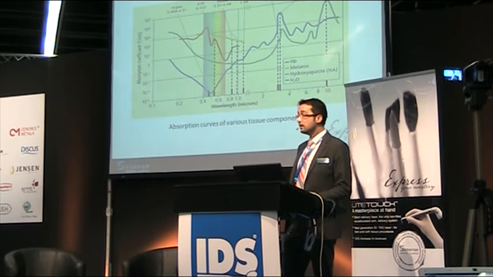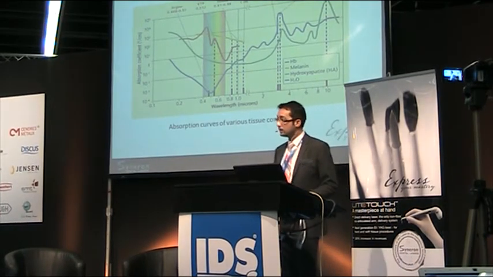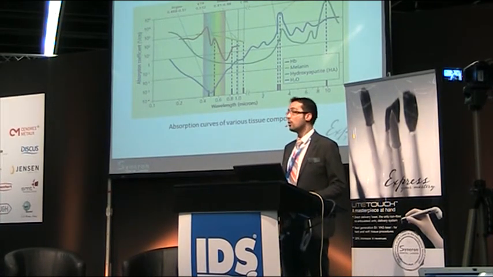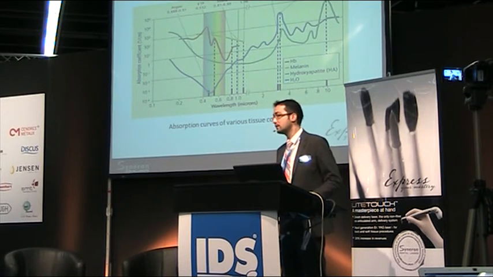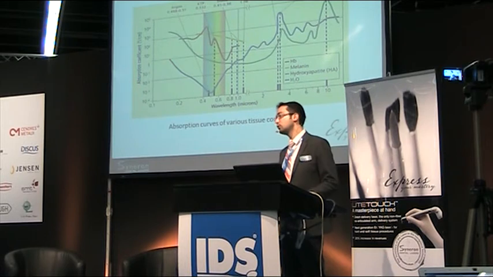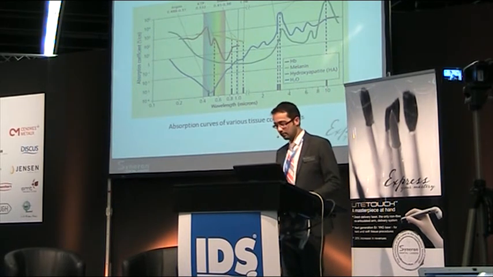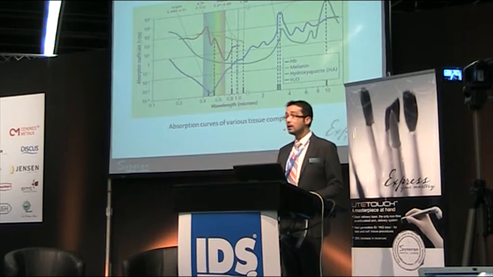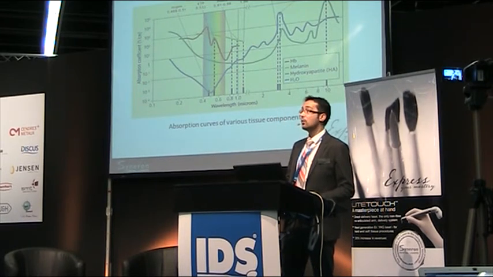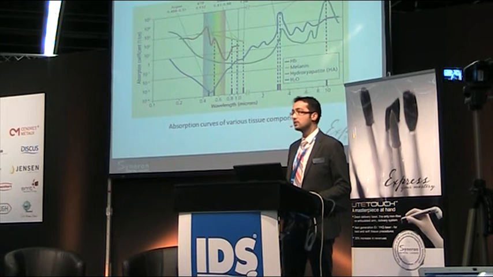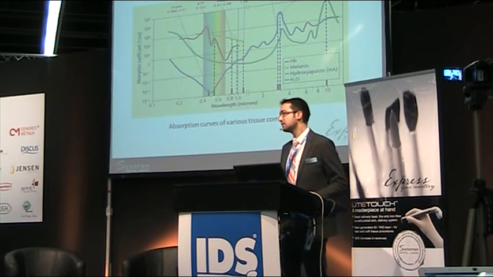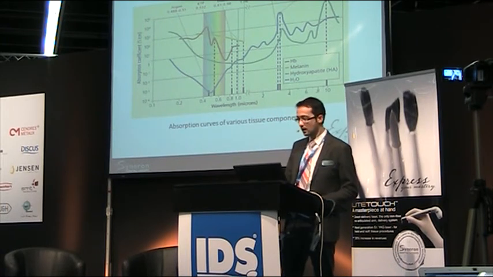And when we see this chart, you can see that water is the component that is mostly absorbed by the ergonomic laser's wavelength. This is 294 nanometers wavelength. And for this reason, with ergonomic laser, we can treat almost all teeth that contain water, soft and hard.